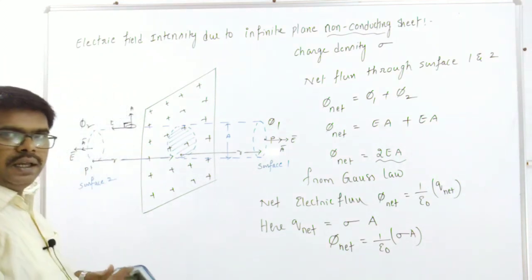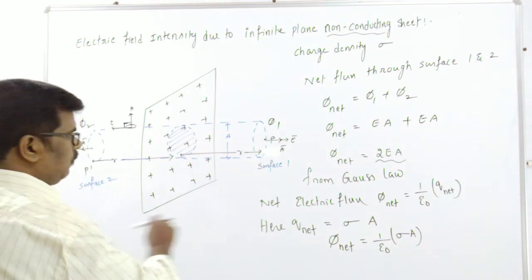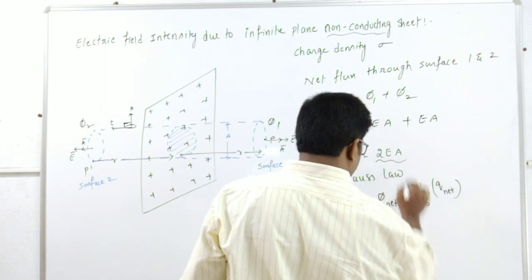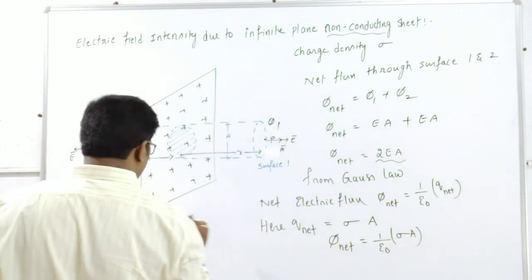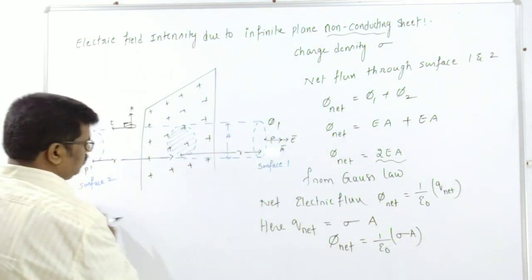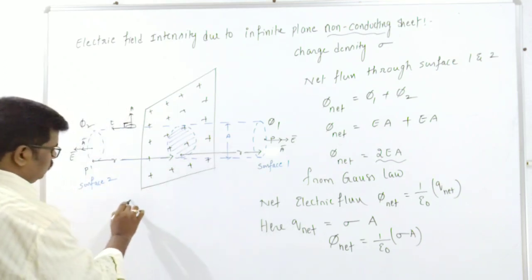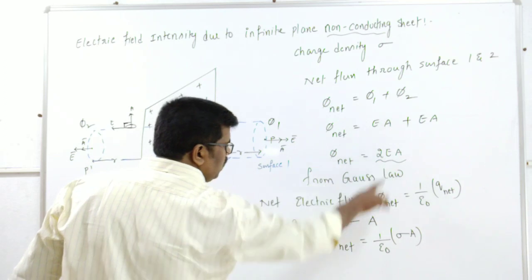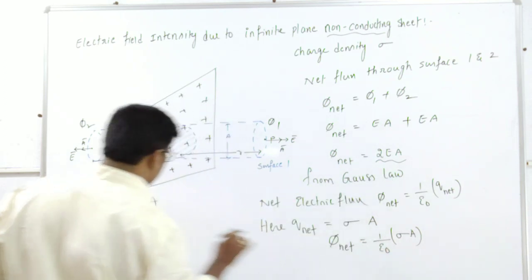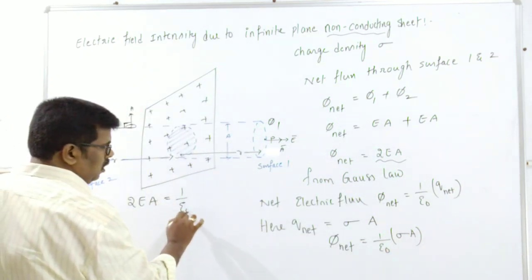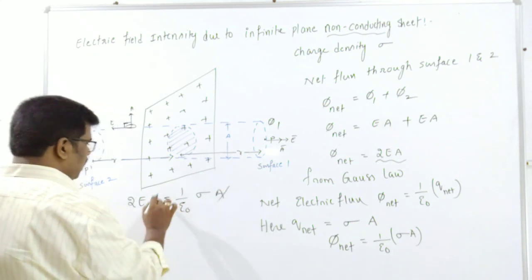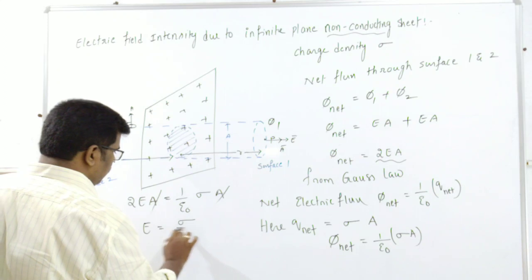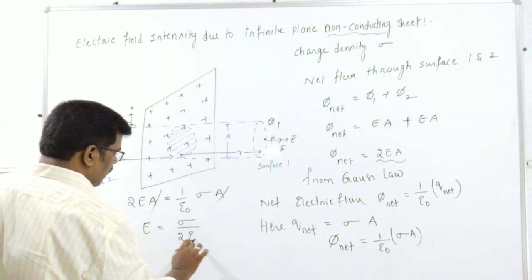Just I am going to write here. The left hand side is 2EA, and the right hand side is 1 by epsilon naught times sigma A. Then A and A get cancelled. Then the electric field intensity E equals sigma by 2 epsilon naught.